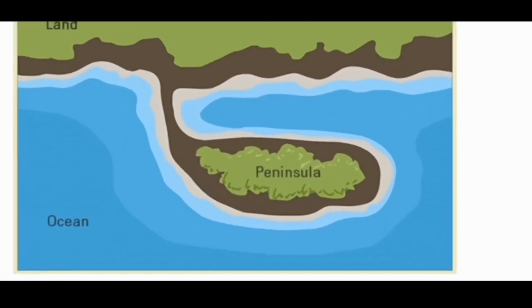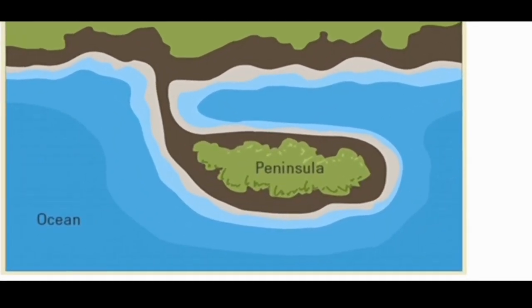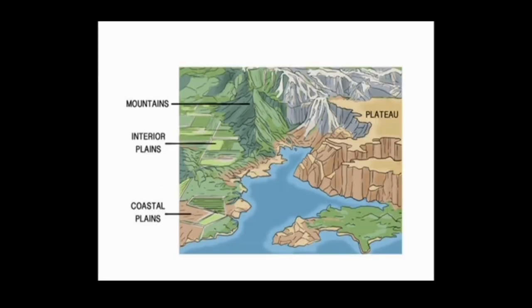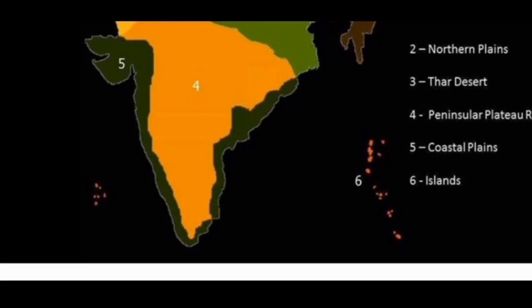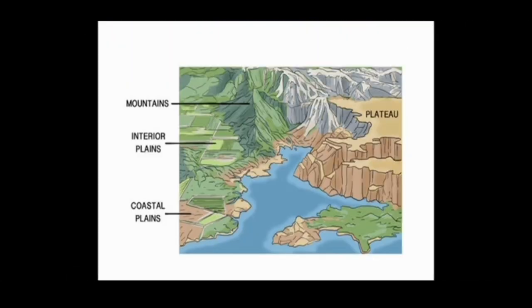So you might be thinking, what is this peninsula? Children, a peninsula is a piece of land that is surrounded by water from three sides. If you see India, you can see that the southern portion of India is surrounded by water bodies from three sides. On the east we have the Bay of Bengal, on the south we have the Indian Ocean, and on the west we have the Arabian Sea.